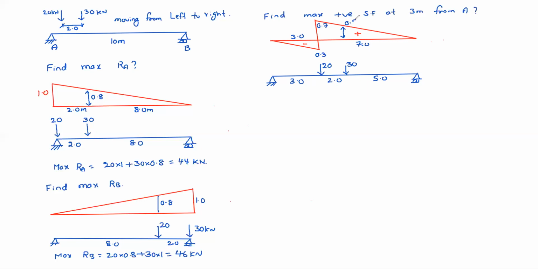It is 0.5. Okay. That means this is 2 meters. This is 5 meters. Okay. So 0.5. So maximum positive shear force equal to 20 into 0.7 plus 30 into 0.5, which is equal to 14 and 15, 29, right? 29 kilonewtons.